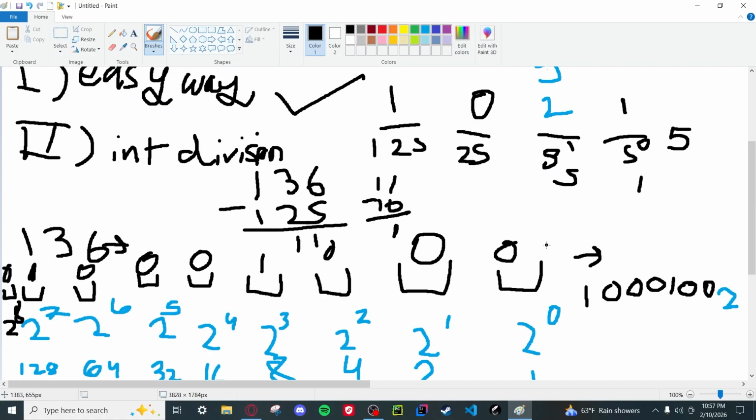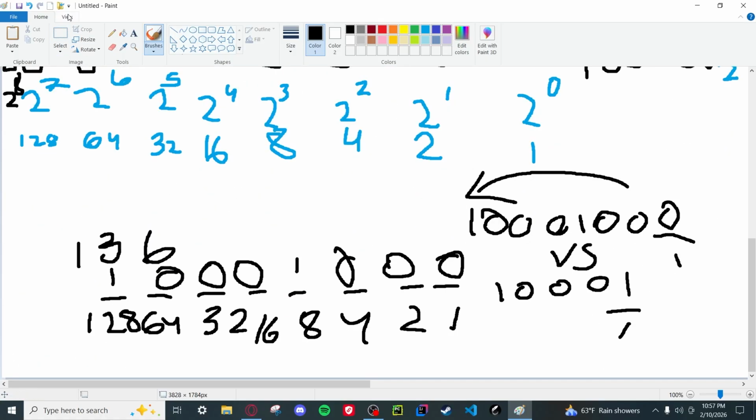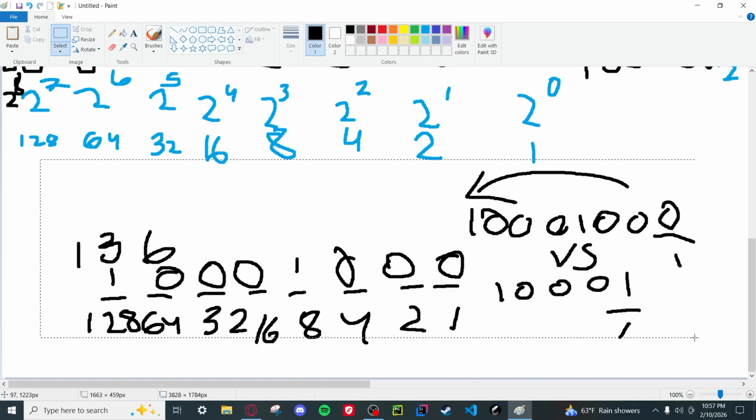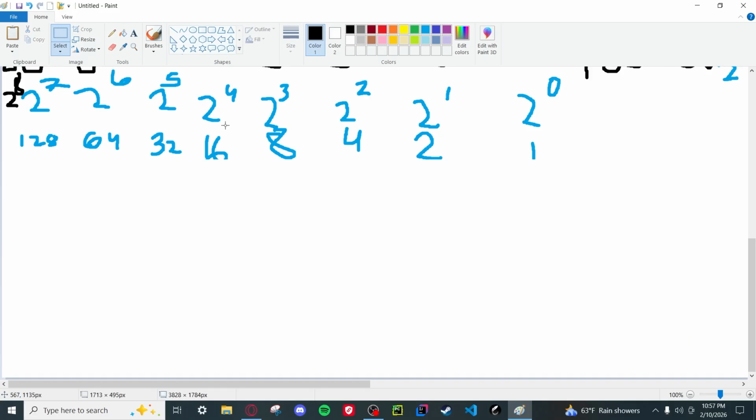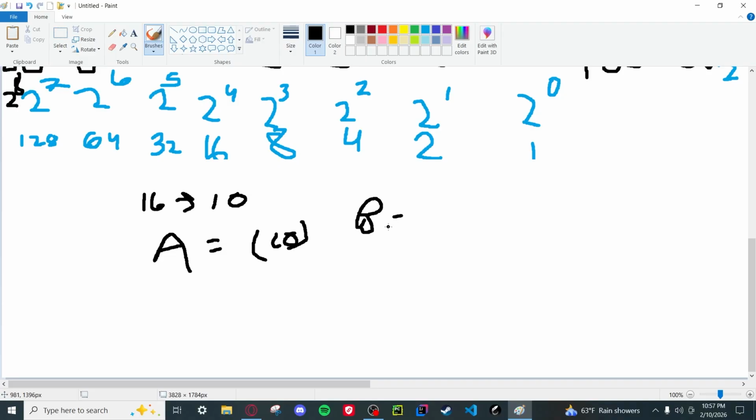I can erase this and talk about hexadecimal a little bit, because you're probably going to see it, and you need to understand how it works. Converting from base 16 to base 10, follow the exact same formulas. Just remember that A represents the actual number 10, B is the number 11, all the way to F is the number 15, okay?